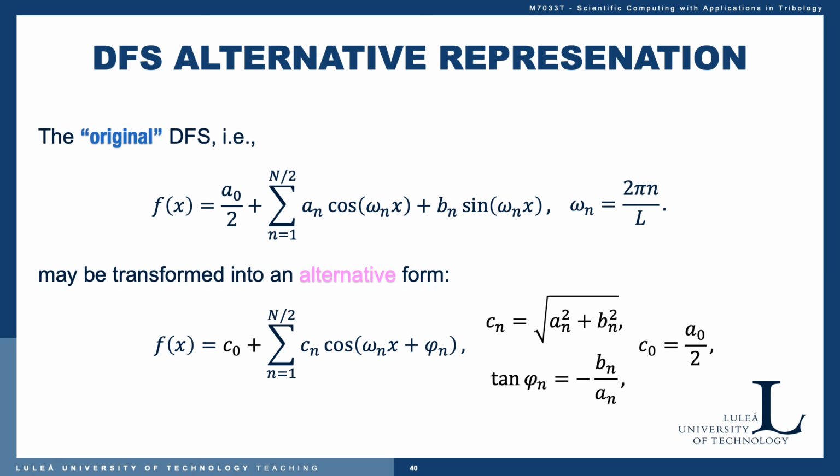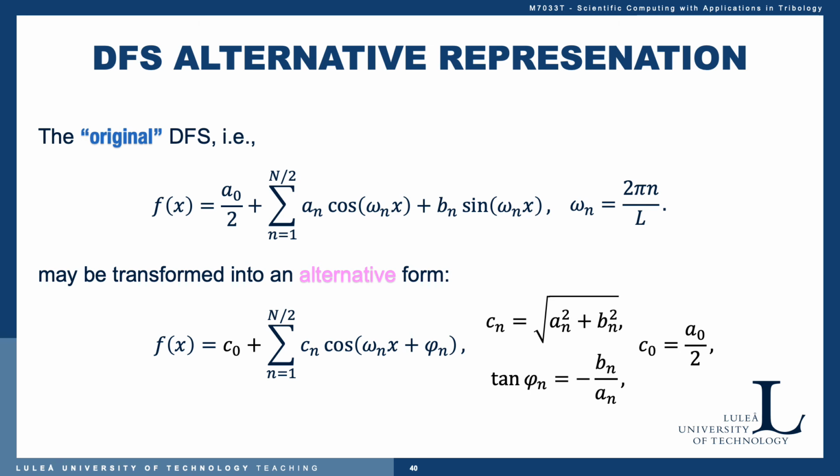Now, by means of simple trigonometric relations and other mathematical relationships, we can transform this expression into an alternative form, which sometimes can be more convenient to use. And there are many alternative forms. This is one of them, and it's represented here by one cosinusoidal function and a shift phi n, as you can see.